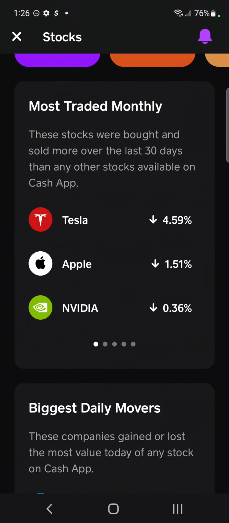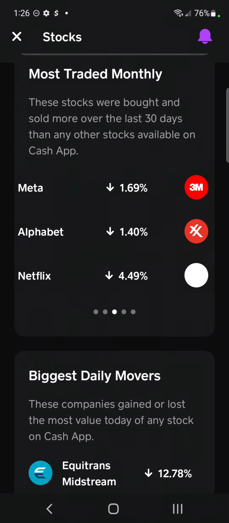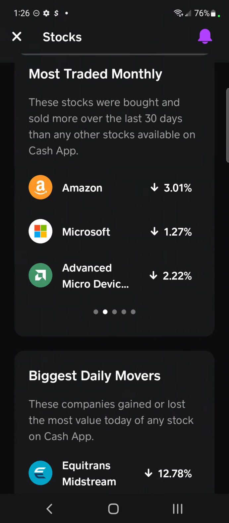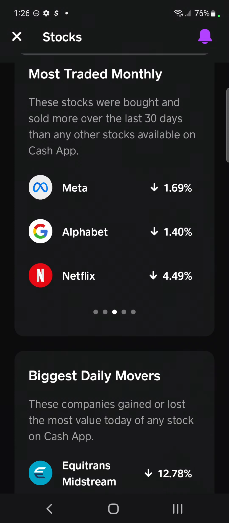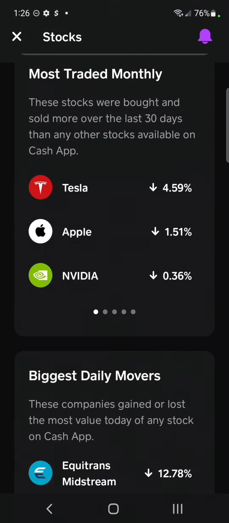And then you also have the most traded stocks here. These are the most popular stocks right now that are being traded, like Tesla, Nvidia, Apple, Amazon, Microsoft, Alphabet, which is Google, and Meta. You can go through those yourself.